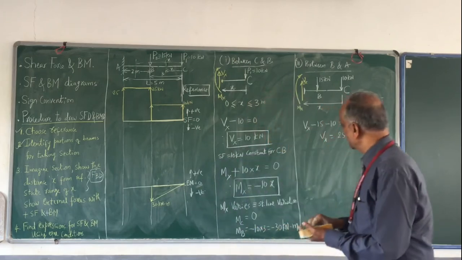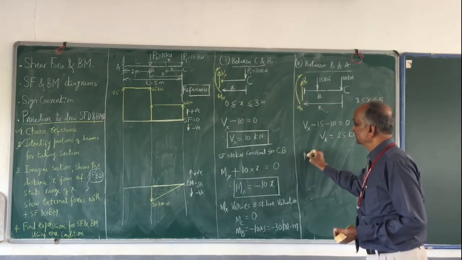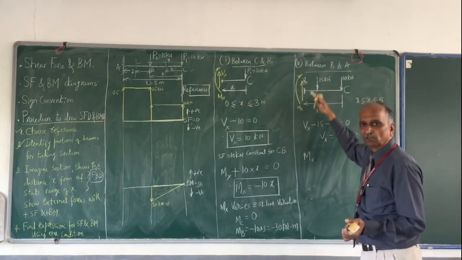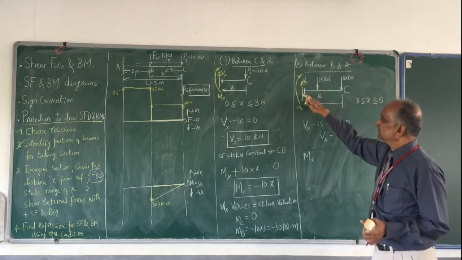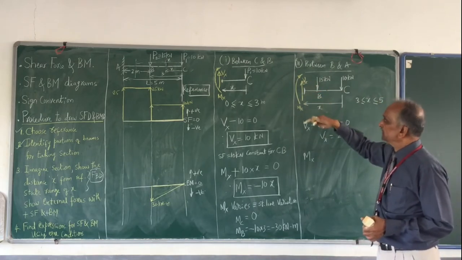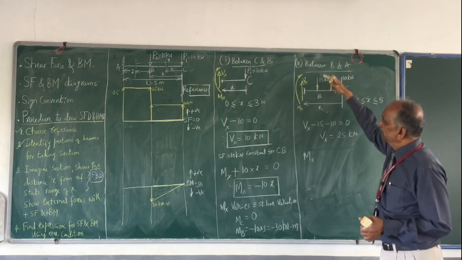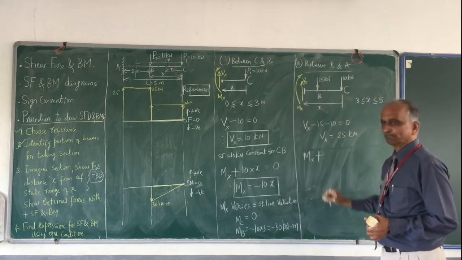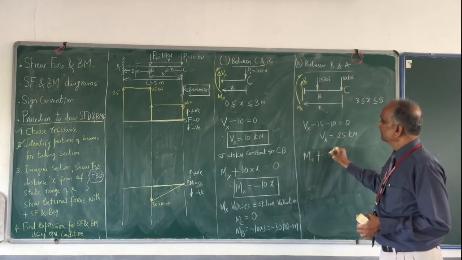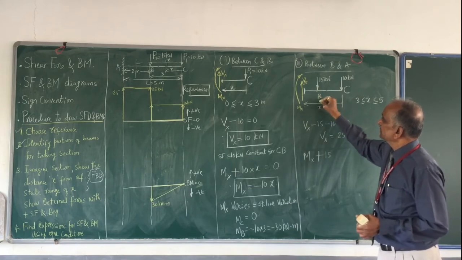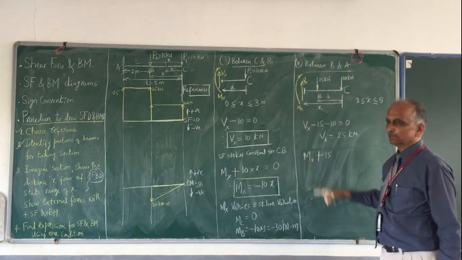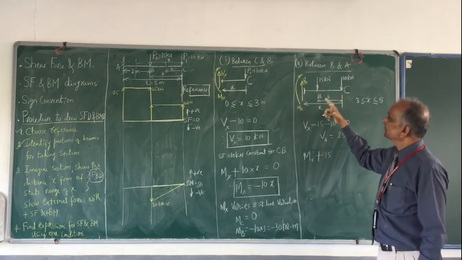So let me complete quickly. What is Mx? Start with Mx, this expression. Clockwise moment is positive. This will not form any moment because it is with this section. This 15 is positive. So 15 multiplied by, what is this distance? From here to here is 3 meters. Here to here is x, here to here is 3.